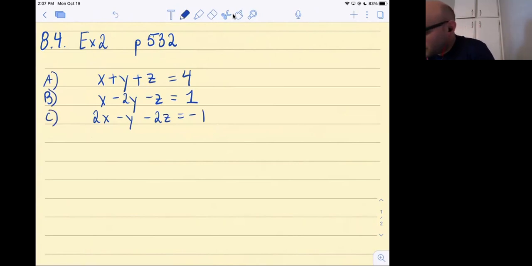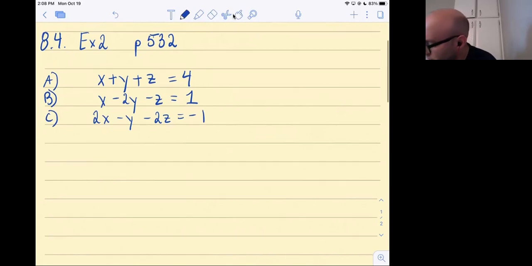Okay. So the strategy here is you want to pick 2 pairs of equations to eliminate the same variable so that you're left with 2 equations with only 2 unknowns, and then you solve that using what we already know.